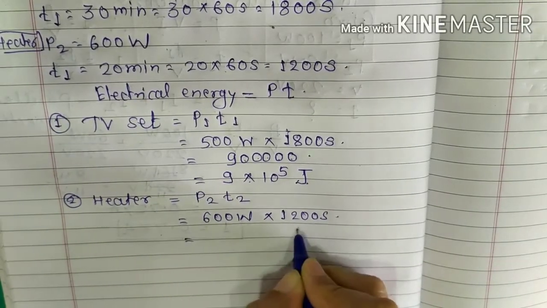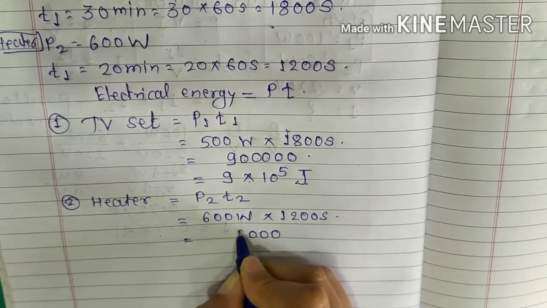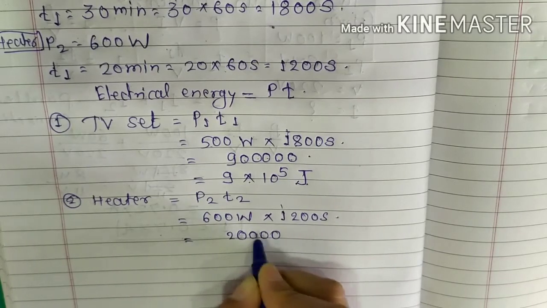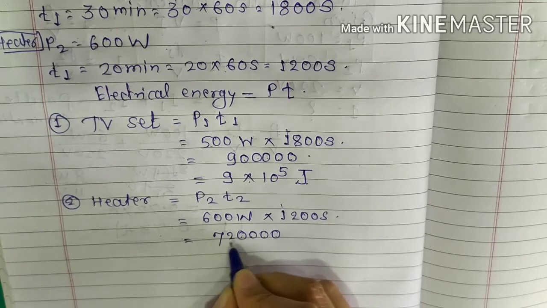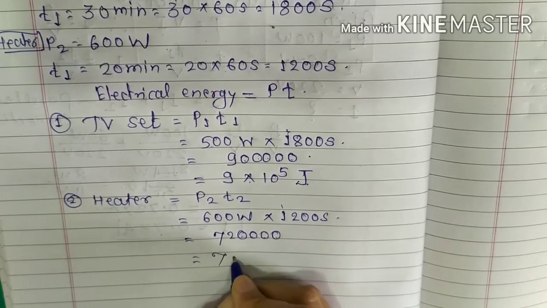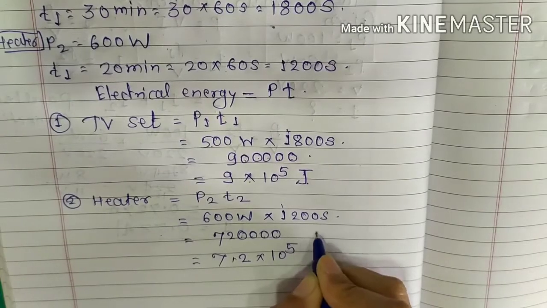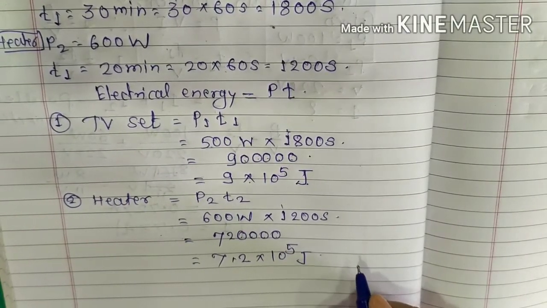Make multiplication, hence 7.2 into 10 raised to 5. Again watt into second is equal to joule.